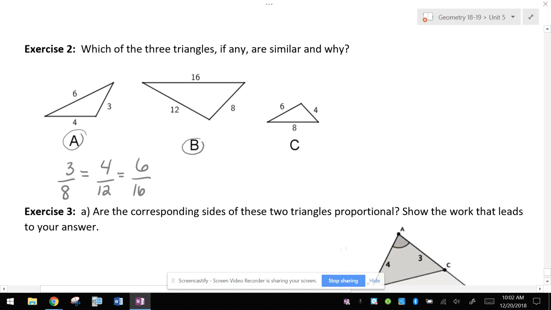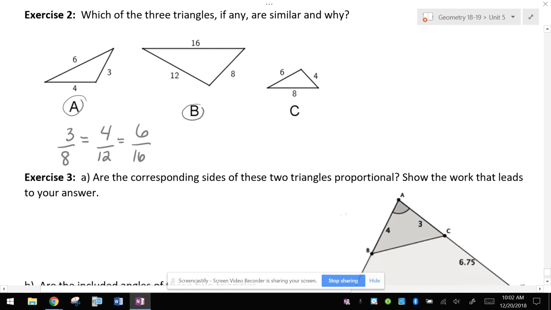So is 3/8 equal to 4/12 equal to 6/16? Well, 3/8 can't reduce, so I'll leave that the same. 4/12 is a third. Is 3/8 a third? No, not at all. So A is not similar to B.